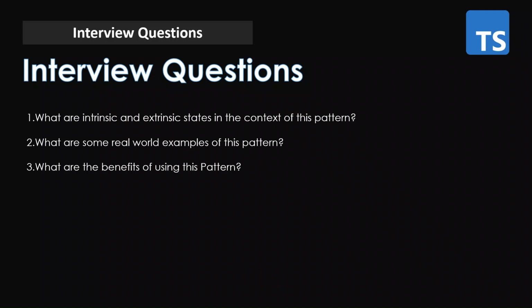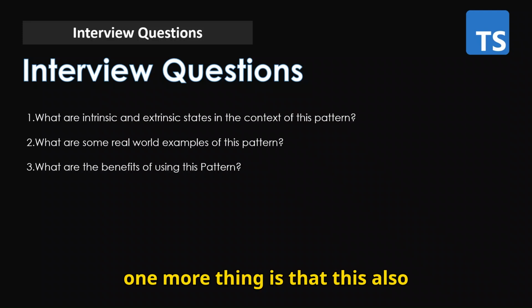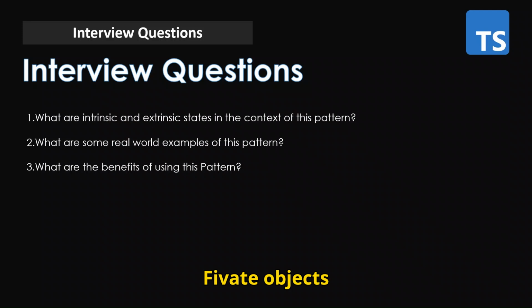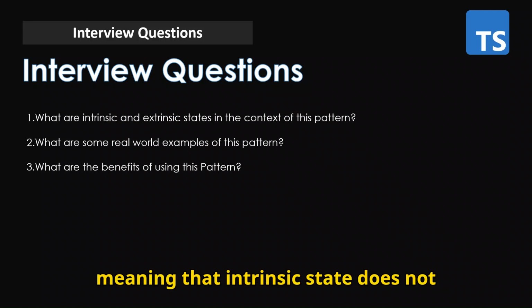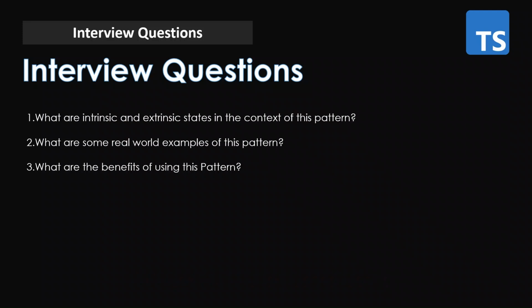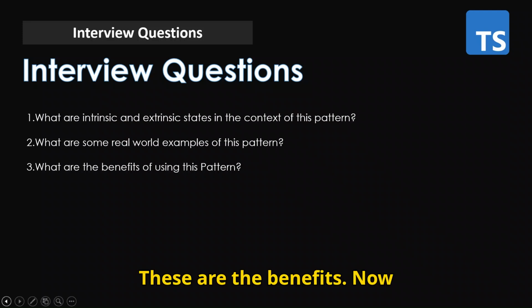Also, one more thing is that this also handles thread safety. Flyweight objects should be immutable to be thread safe, meaning that the intrinsic state does not change once they are created. These are the benefits.